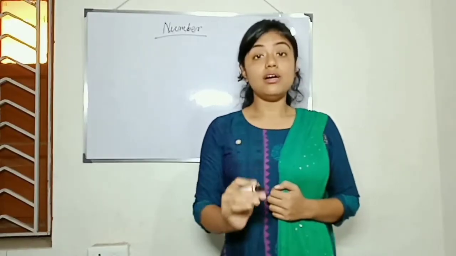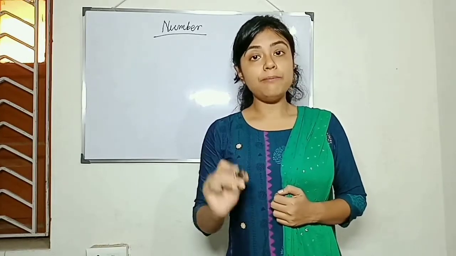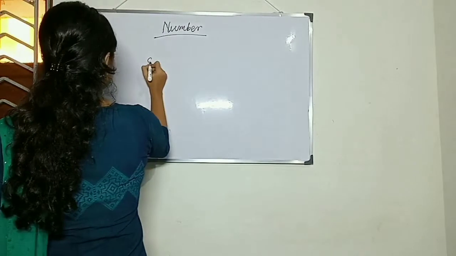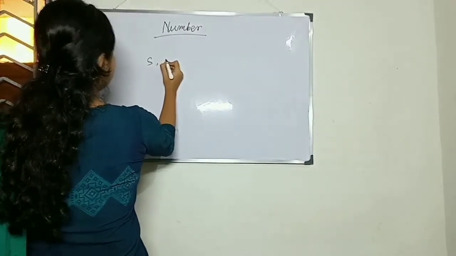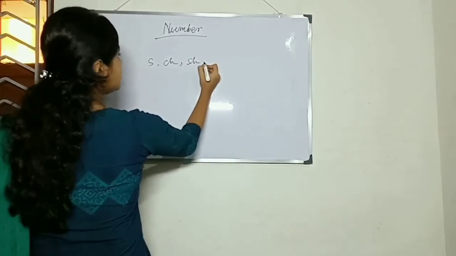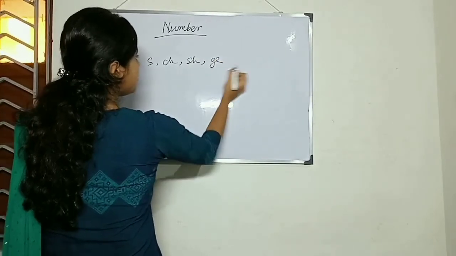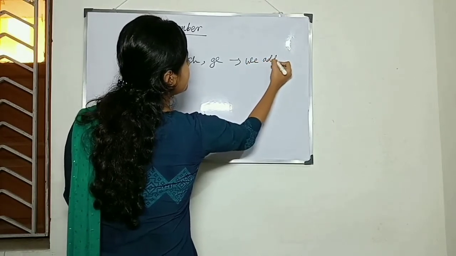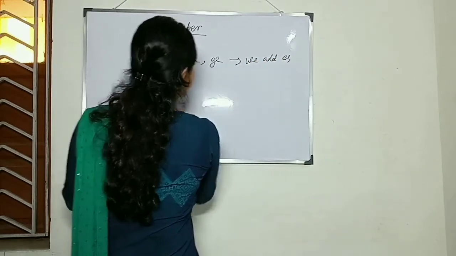When a singular ends with the sound made by the letters S, CH, SH, GE, we add ES.